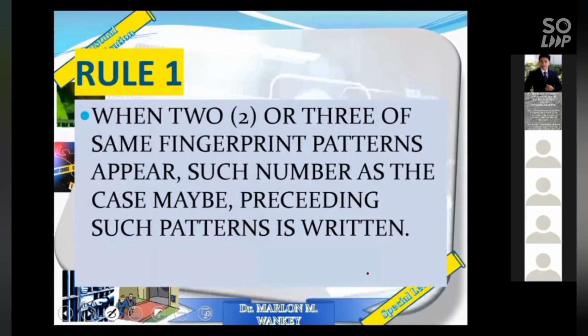So rule 1, when 2 or 3 of same fingerprint patterns appear, such number as the case may be preceding such patterns is written. Okay? Kung magkatulad lang din naman, then do not write it double A. Okay? Kasi there are instances, 'di ba?